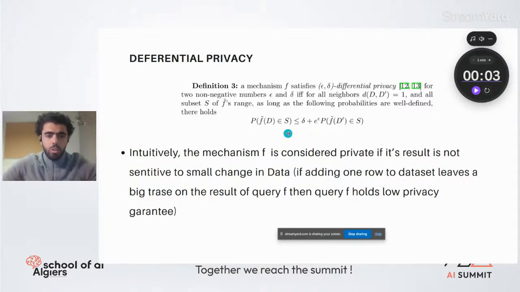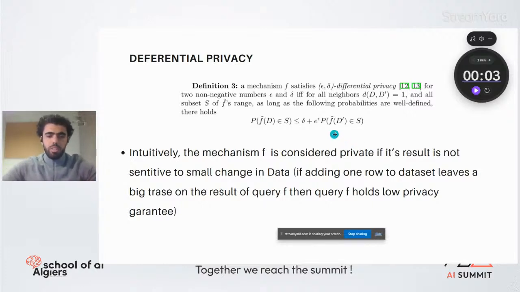One of the most used ways of ensuring differential privacy is by adding noise to the answer. So we can sample the noise from a Gaussian distribution, or other distributions.